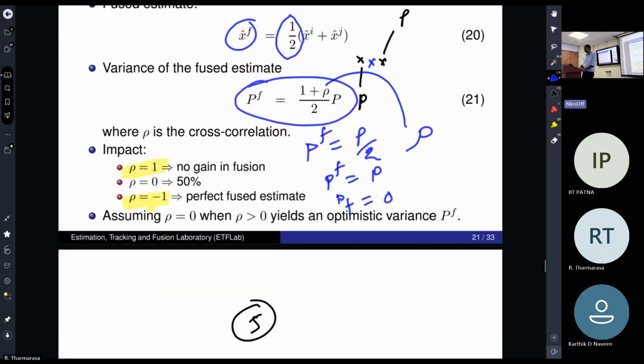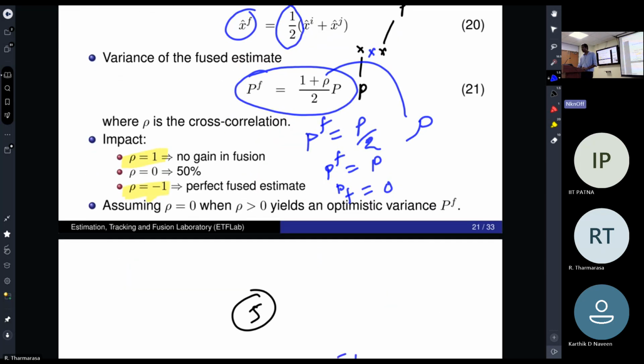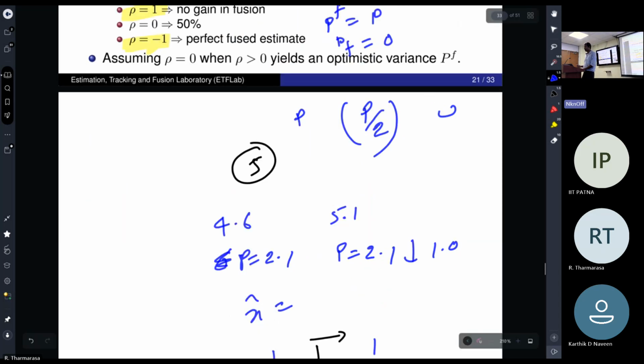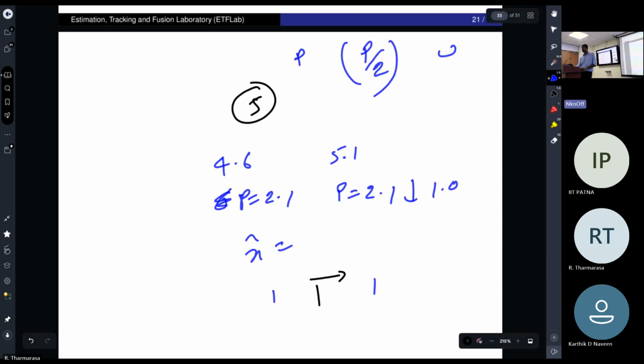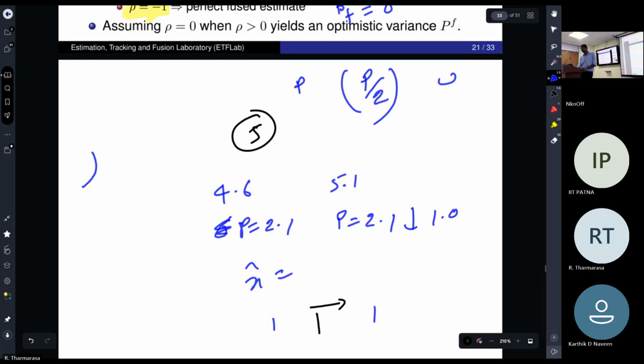So if you ignore the cross correlation, you are going to report P by 2, but the actual could be P to 0, right? So when you ignore the cross correlation, your estimate could be optimistic or pessimistic, depending on the actual correlation. Okay?